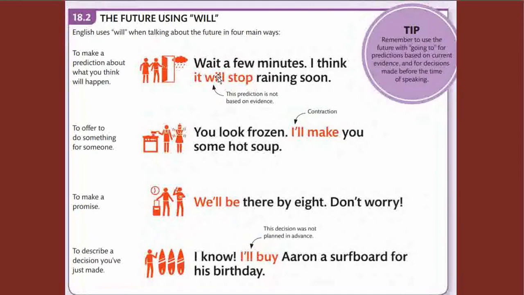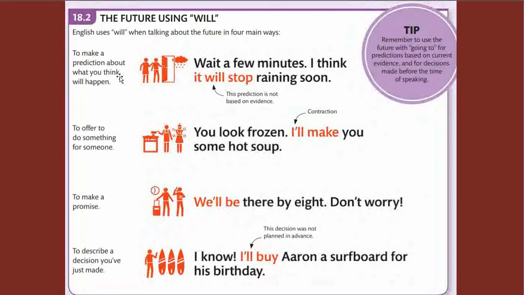Previously, we had studied about the use of the phrase going to. When we are constructing sentences with going to, we need to have certain evidence in the present that will help us to predict for the future. Only then can we say going to. But with the use of will, you need not have any evidence. You can talk about the future prediction without any evidence in the present.